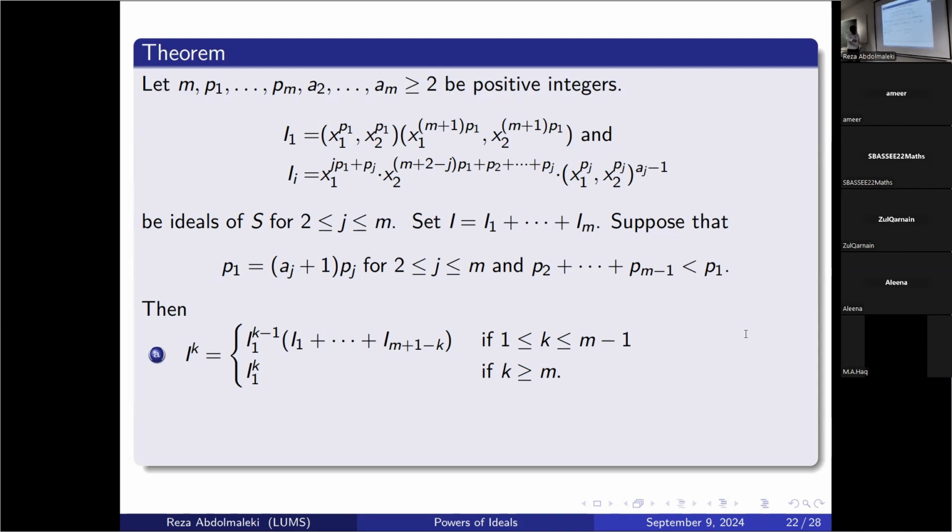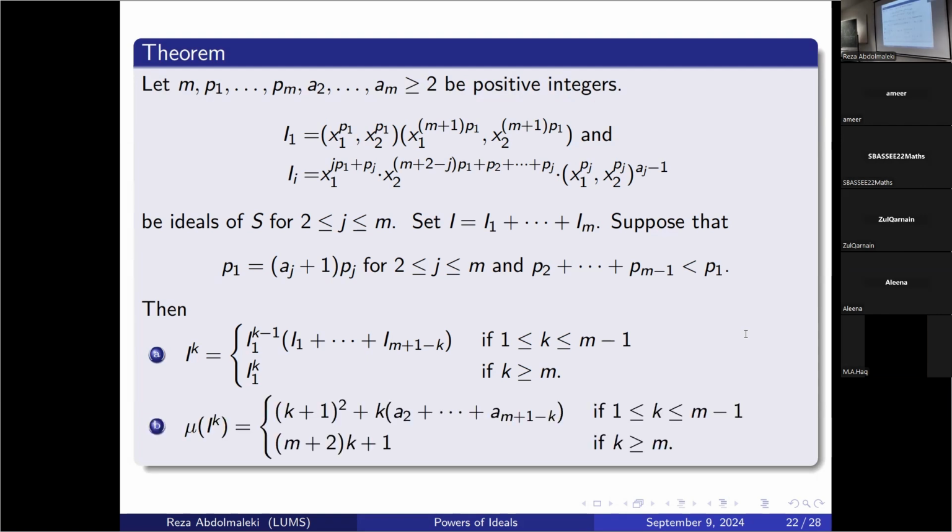And from this point on, these are always equal, right? And mu of I^k until this point is this, and from this point on, again it is a line, right?